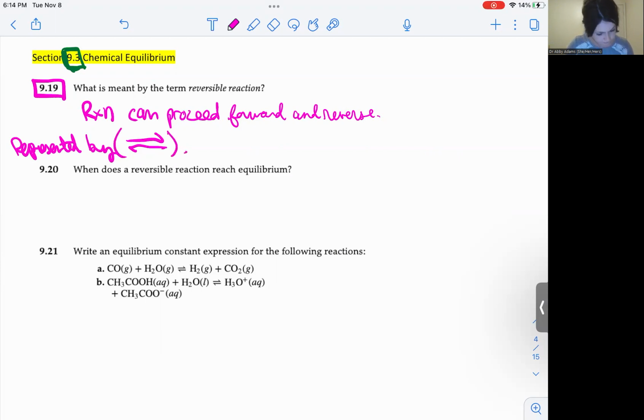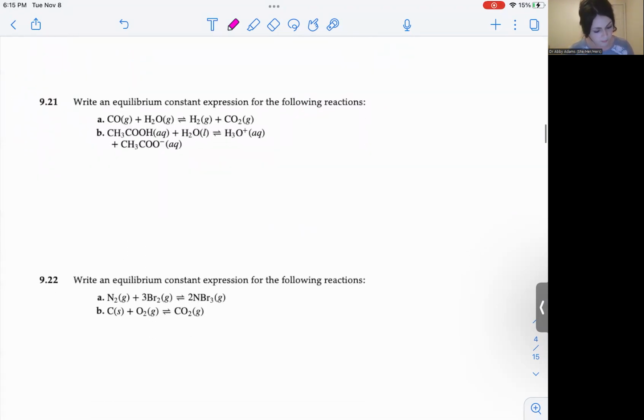It's just a reversible reaction. So the reactants can be reformed, right? So for these kinds of problems, you have to know your definitions. You have to know what it means.